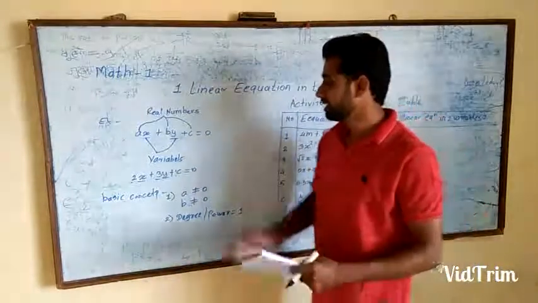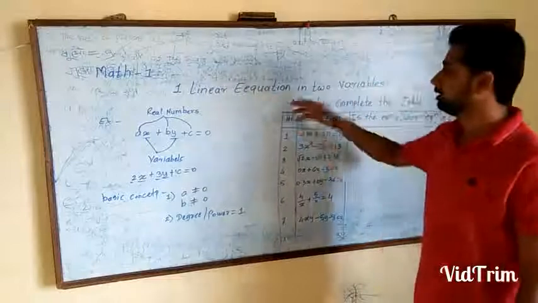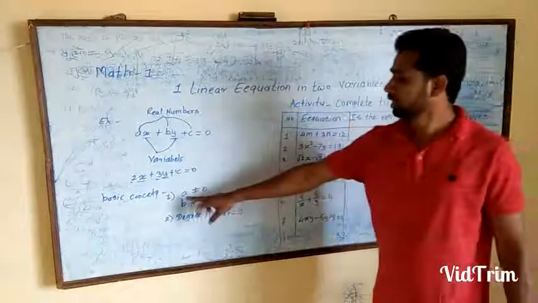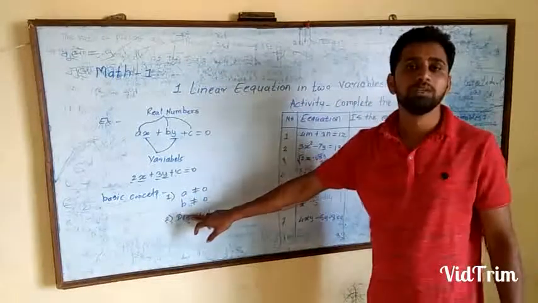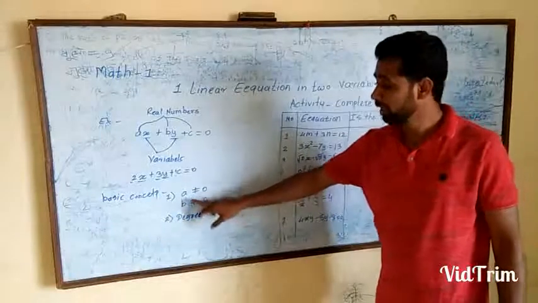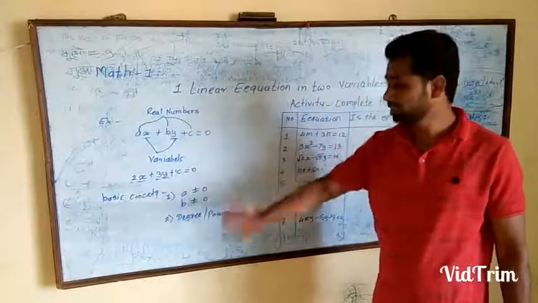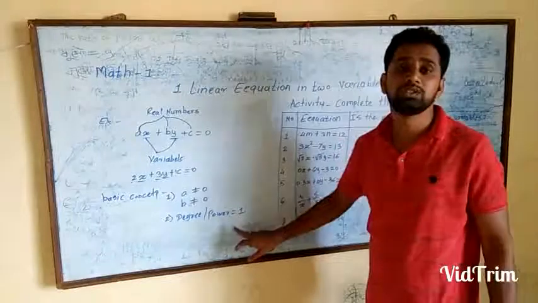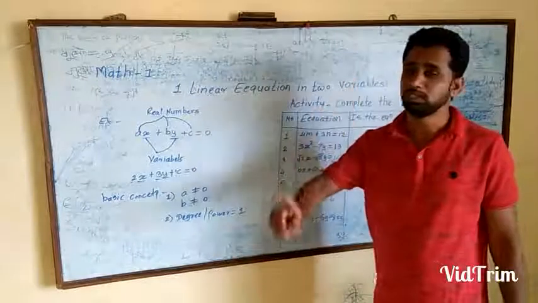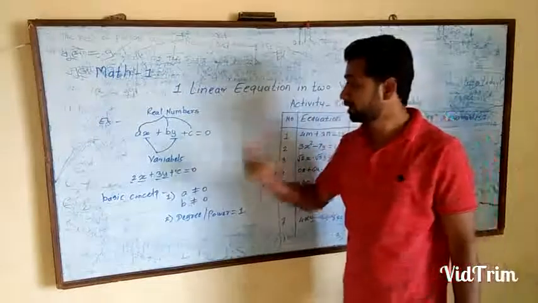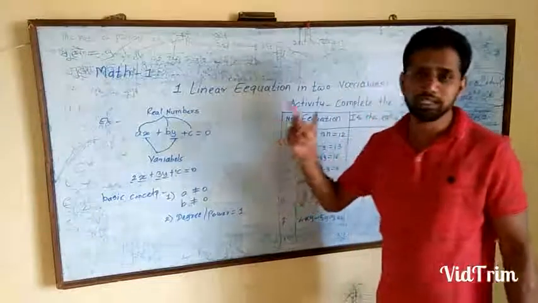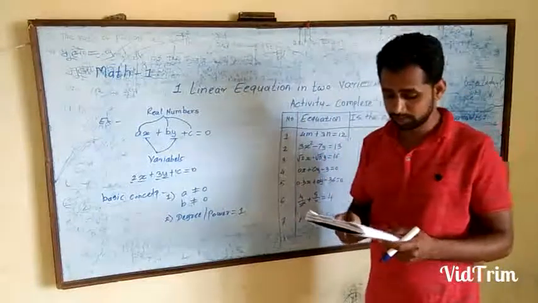So basic concept, the linear equation in two variables. a is not equal to 0, b is not equal to 0, a आणि b हे दोन्ही 0 नसतील. डिग्री आणि पॉवर इट शुड बी 1. डिग्री आणि पॉवर ही नेहमी 1 असली पाहिजे. असं इक्वेशन हे लिनियर इक्वेशन इन टू व्हेरिएबल्स असते.